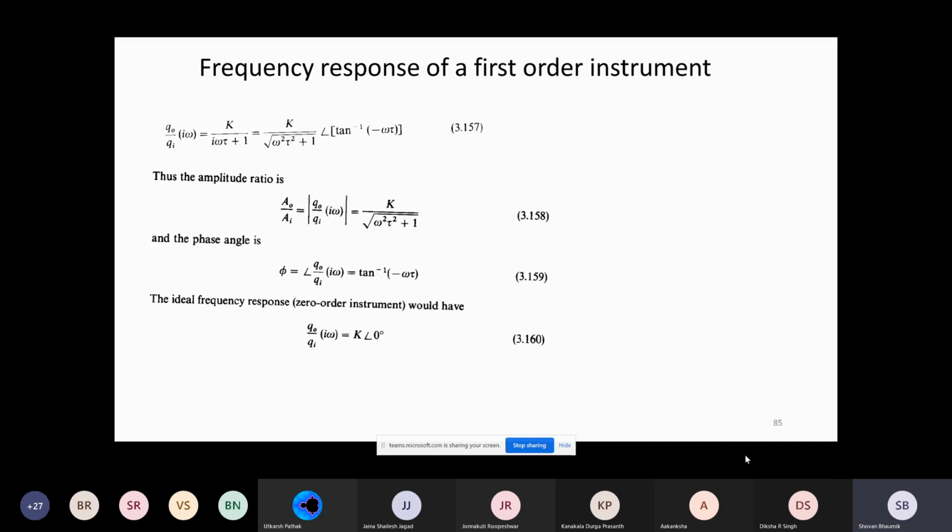If you are giving a sinusoidal input to a linear time invariant system, the output will also be sinusoidal. The output will not be the same as the input, but it will also be sinusoidal. The output amplitude will be different from the input amplitude, and the output phase will be different from the input.